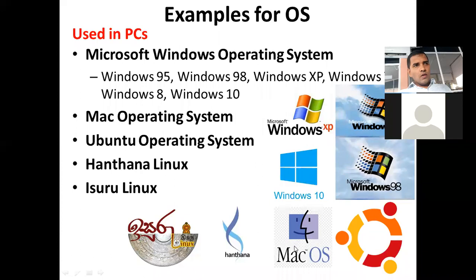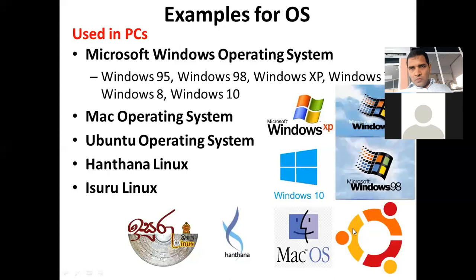Here it is. Then we have the Ubuntu operating system. So I have to explain some of the background information about Ubuntu. Actually, Ubuntu operating system is one of the versions of Linux. Linux is a popular operating system. It may have versions, or based on the Linux idea, this Ubuntu operating system is developed.